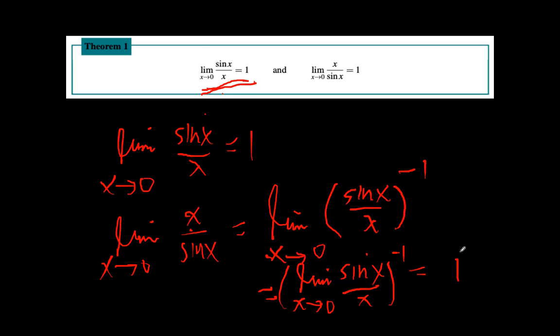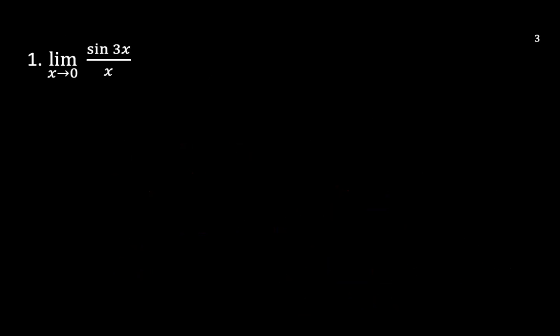So this is 1 raised to -1, which is equal to 1. So even if x and sine x interchange positions, the limit of that expression is still 1 as long as x approaches 0. All right, so let's apply this theorem.